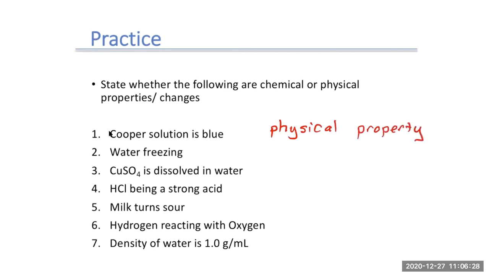If I describe that water is freezing, what would you think that is? Well, our water is going from a liquid state into a solid state. So that would be a physical change.